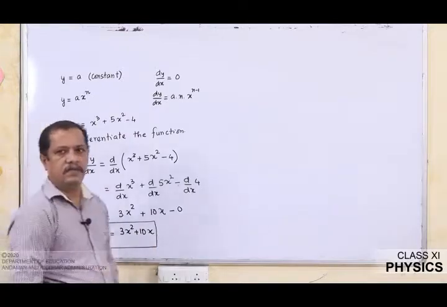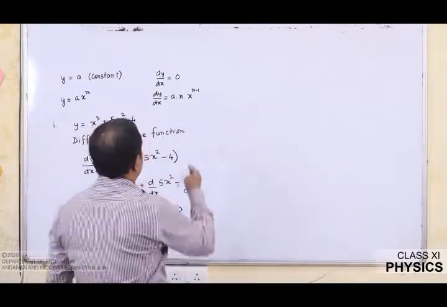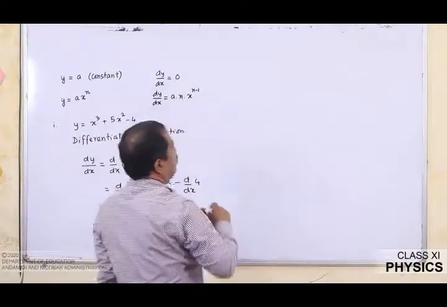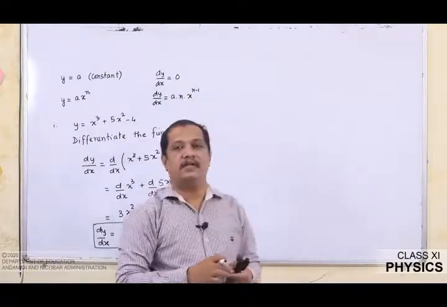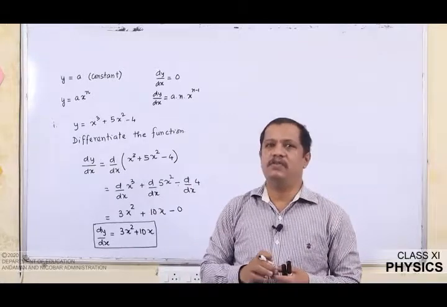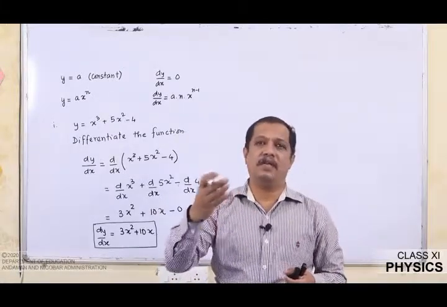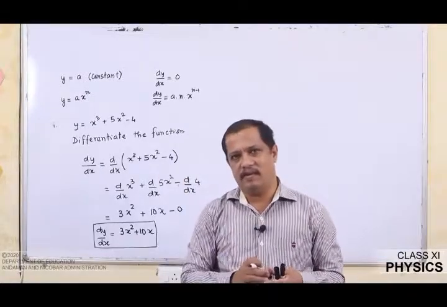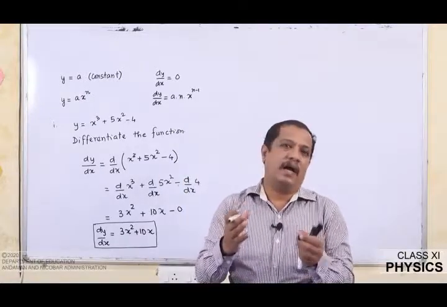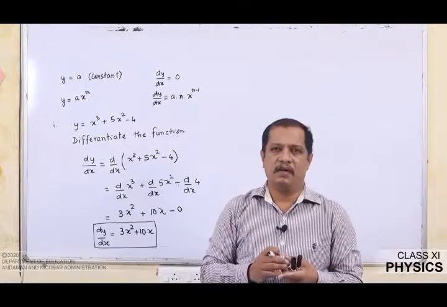Similarly, as we have generalized these two cases, we often need to differentiate the trigonometric functions, which we need to remember. Rather, you are going to study differentiation of trigonometric concepts in mathematics in class 12th. However, we should have the idea of differentiating the trigonometric functions.